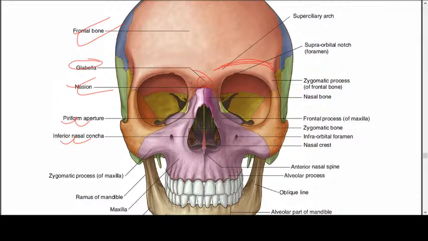The inferior nasal concha is difficult to view externally. It is present inferiorly. The concha helps in various ways. It helps to pass the air, I guess. No, the concha actually cools down the air.